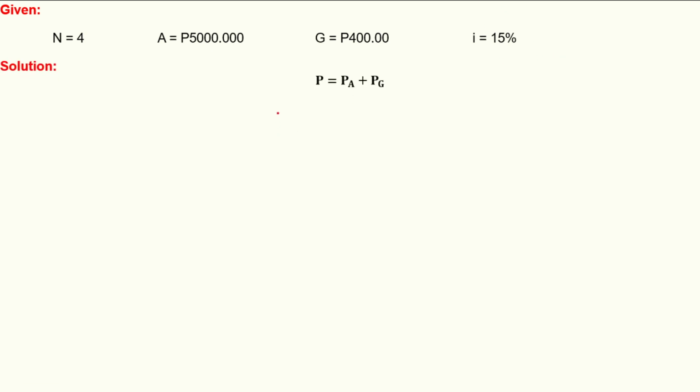So, solution. So, from the formula, P is equal to P ng ordinary annuity plus P ng gradient. Then, kapag in-expand natin, P is equal to A, 1 minus 1 plus I raised to negative N over I, plus G over I, 1 plus I raised to N minus 1 over I minus N, times 1 plus I raised to negative N. Okay, given naman yung I, tsaka yung N, at given yung G. So, direct sub lang pala to, no?